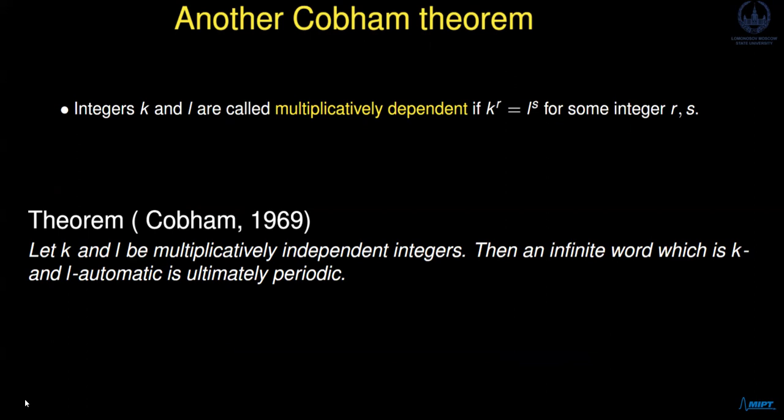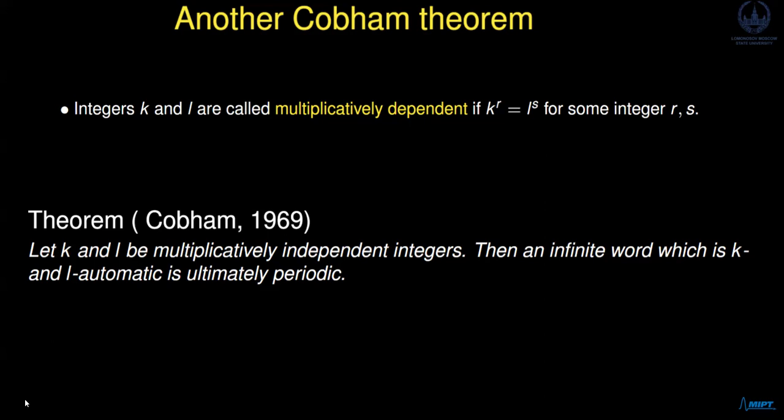Multiplicatively dependent integers: two integers, k and l, are called multiplicatively dependent if there exist integers r and s such that k to the power r is equal to l to the power s. This relationship means that one base can be expressed as a power of the other, and they are closely tied to each other multiplicatively. Cobham's theorem.